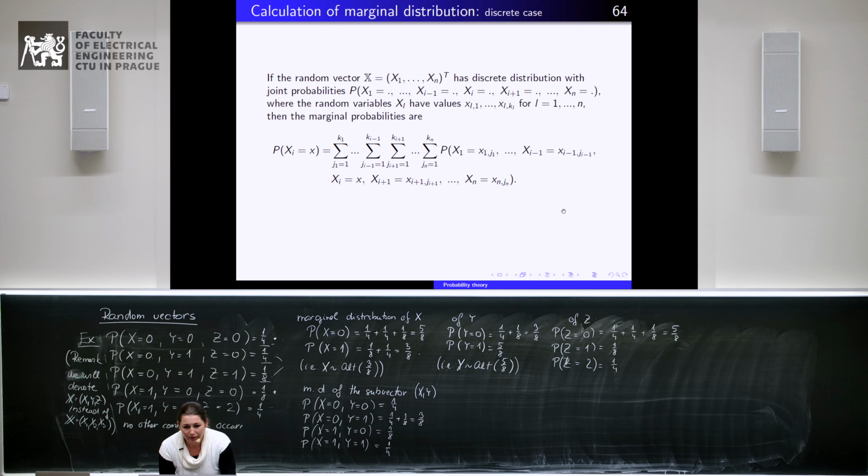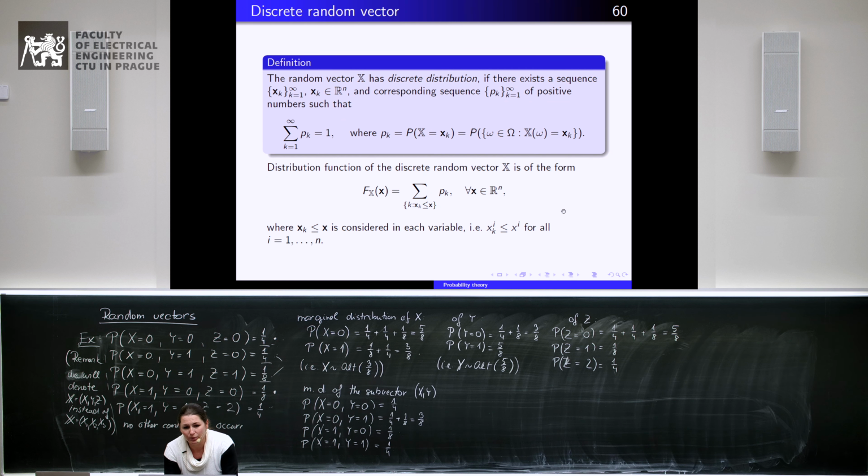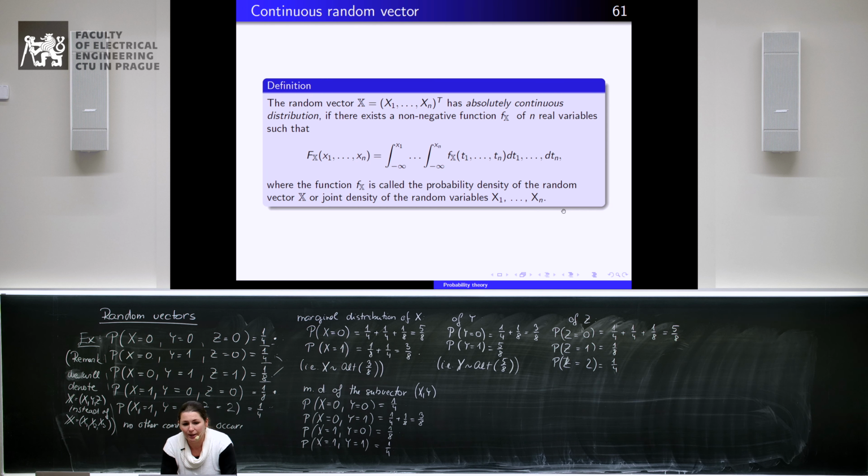And in the continuous case, it is very similar. So in the continuous case, it means that all the random variables in the random vector are continuous random variables, and then the vector must be described by so-called joint density. And the joint density is the continuous function of n variables. It is difficult to write it or to draw it. So we will do sometimes some easy example on the exercise.